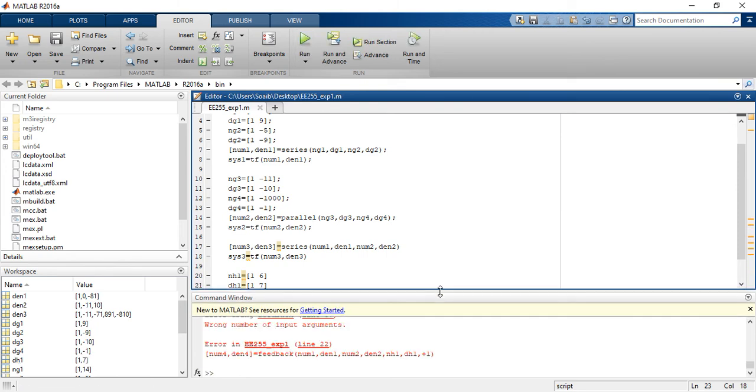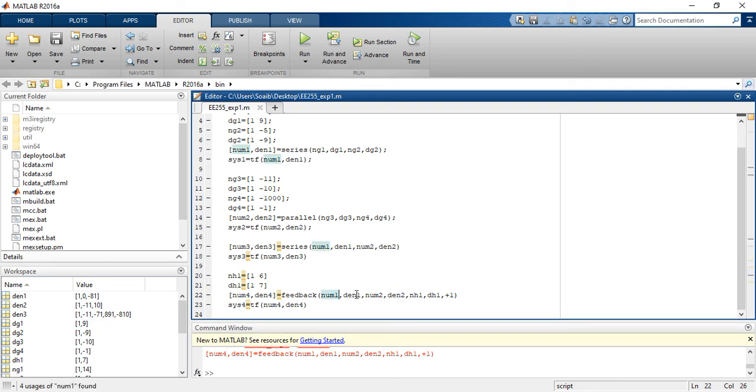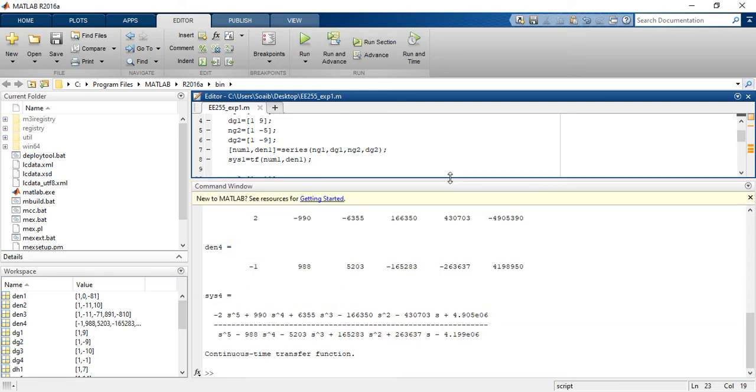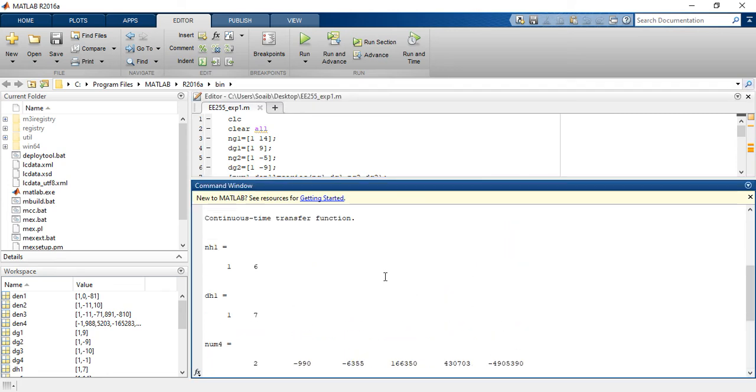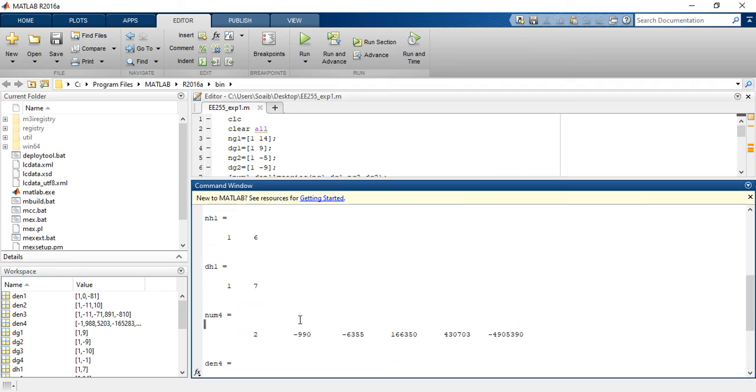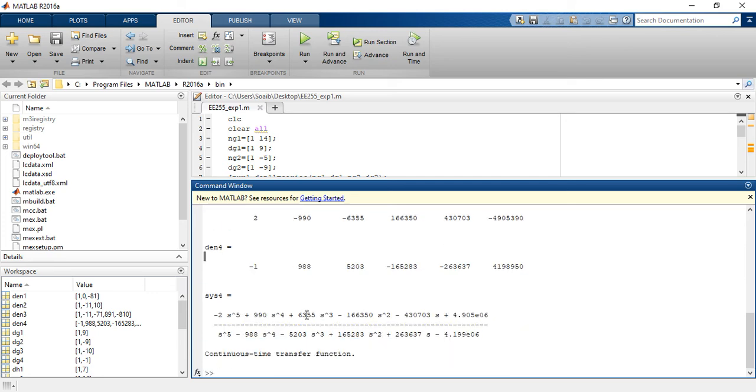Okay, so there is an error because I can't take this num1 den1, so it is my mistake. I don't need to write num1 den1, since the answers are already saved in num3 and den3, so I will write num3 comma den3, that is the answer of your series and parallel connection over here, and then nh1, dh1 and plus 1. If I run it, this will be your nh1, dh1, num4, den4 and your system answer.